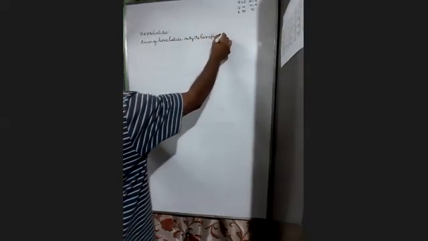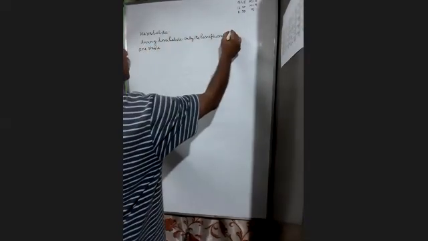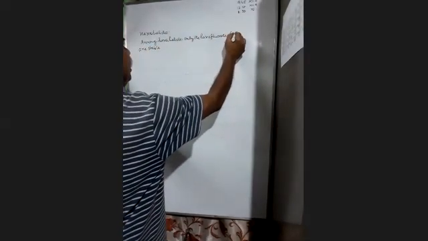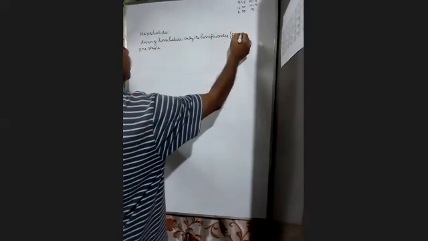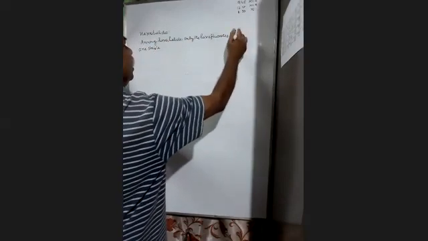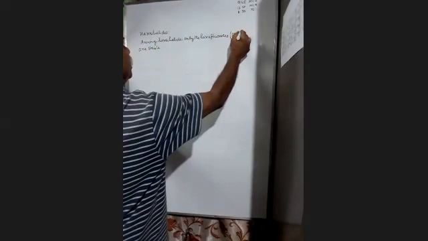This is the highest oxidation state, and that can be achieved only by fluorine. Chlorine can also form it, but it's not that stable. Only hexafluorides are stable. Okay, hexafluorides means what? EF6.